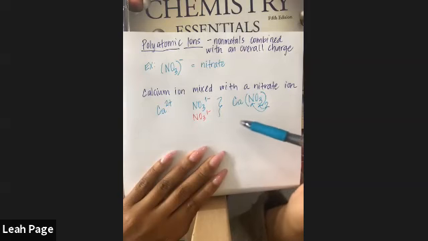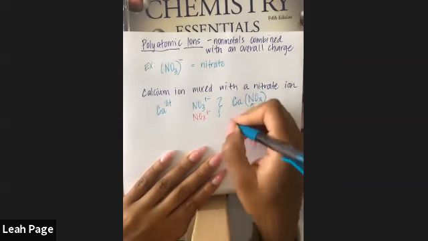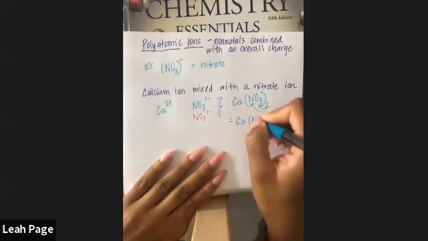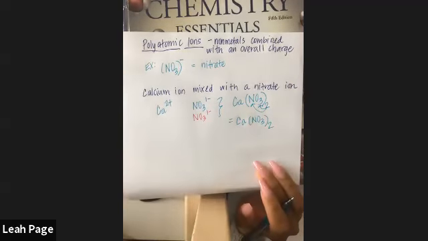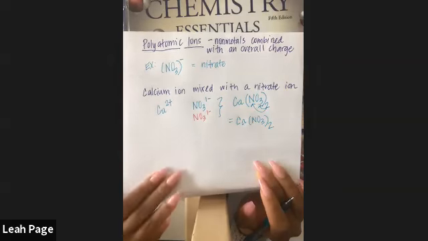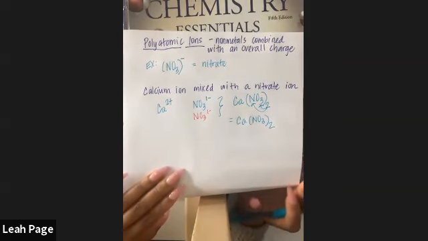It's an assumed 1. This is the formula for calcium nitrate, Ca(NO3)2. So we do it the same way. I just don't want you to see more elements and get confused. Do I have any questions before I keep going?